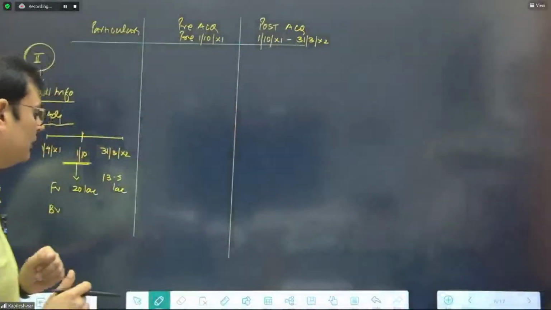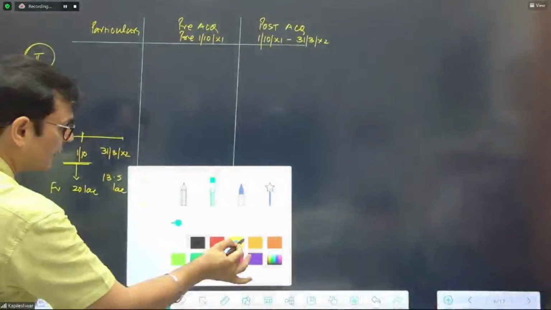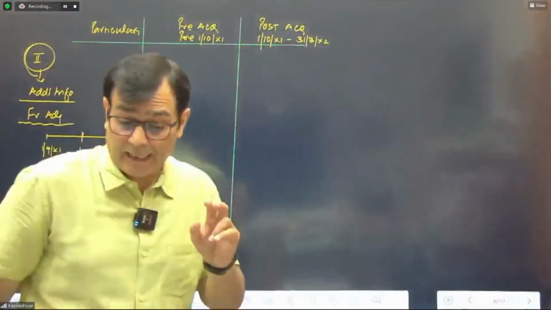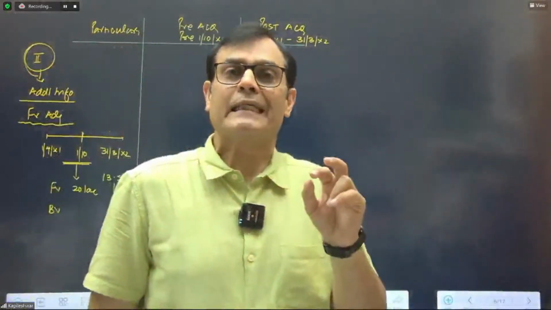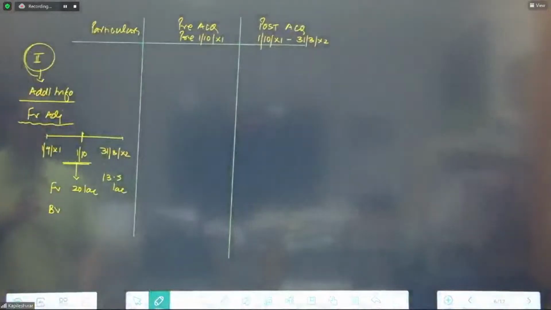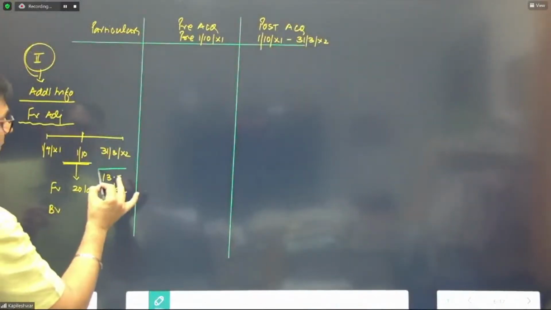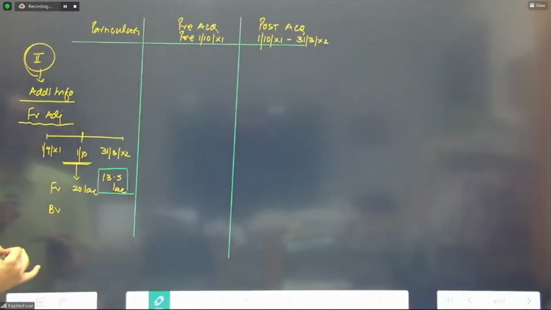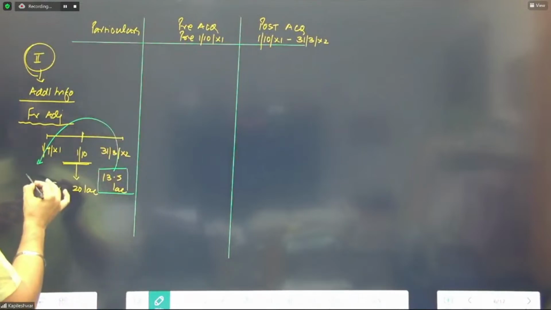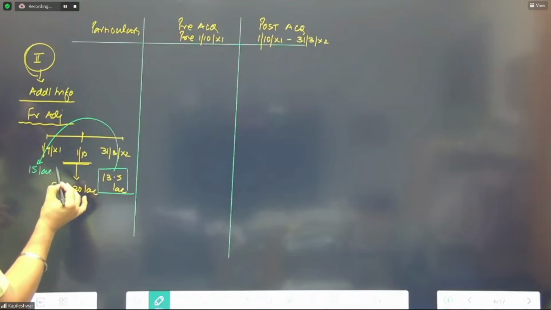So what we need to do is some calculations at this stage. Now let's watch the calculations. I am given the depreciation is at the rate of 10%. If the depreciation is at the rate of 10%, this means that this represents 90%. So if this represents 90%, you can gross it up and calculate what is 100%.